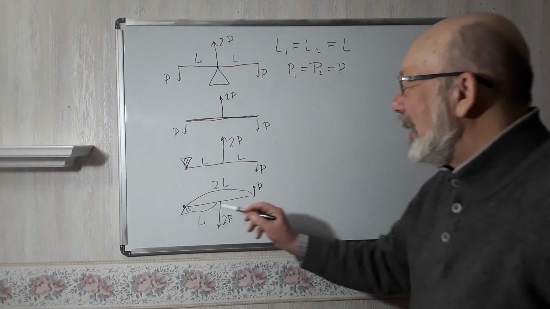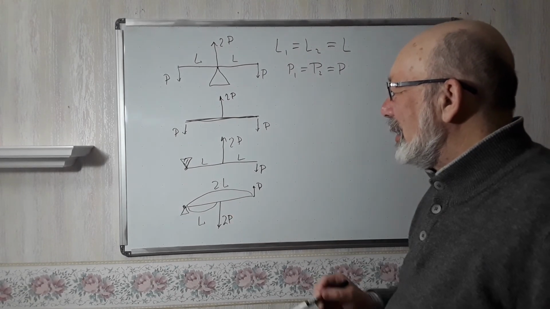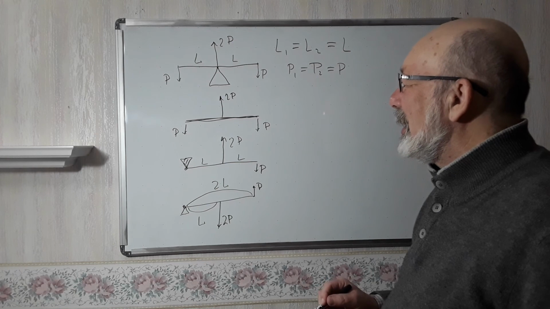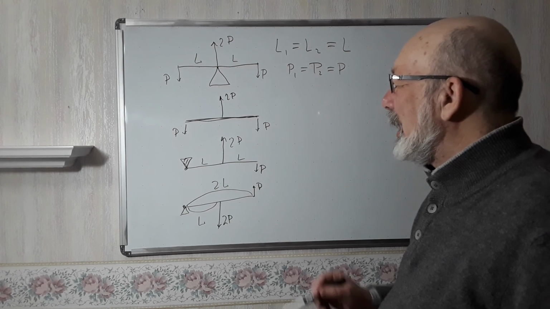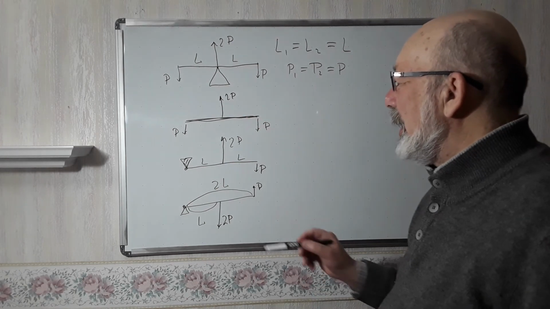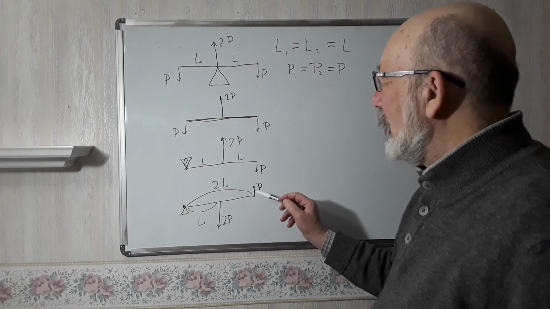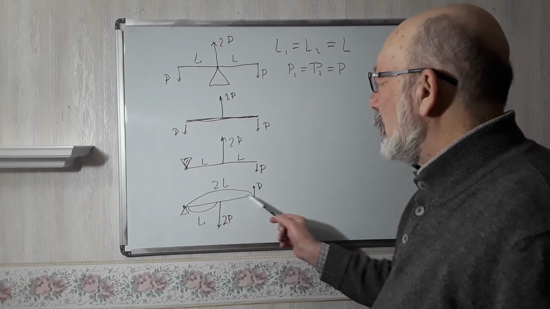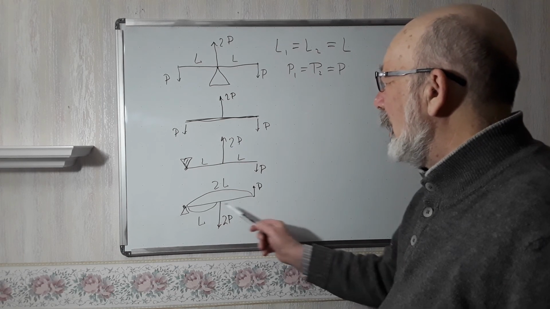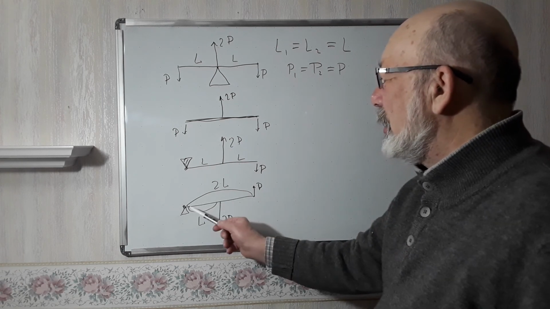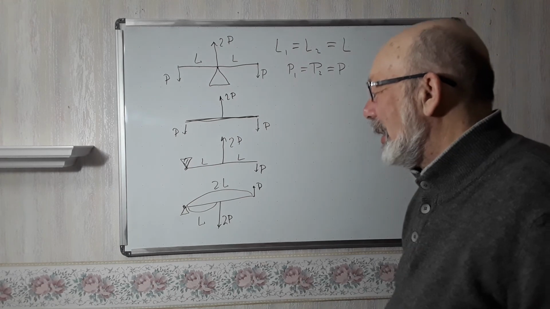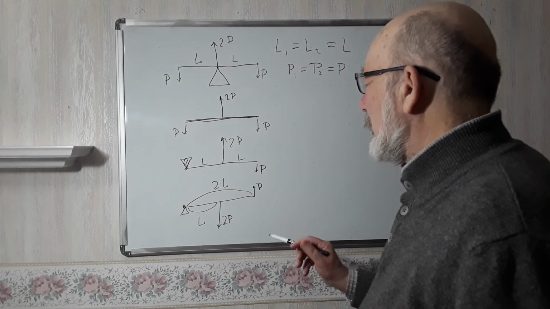But look, it is almost the configuration which I wrote here. Simply, we have two forces which are applied to different points of the rod at one side of the lever. So what can you do?